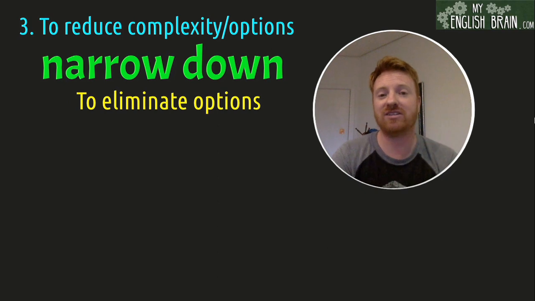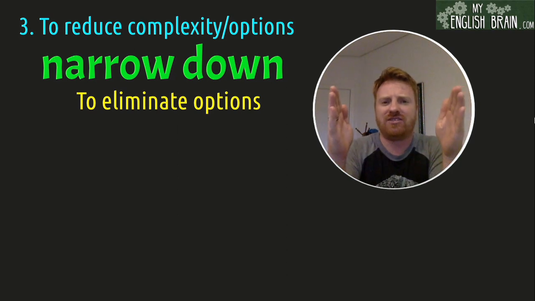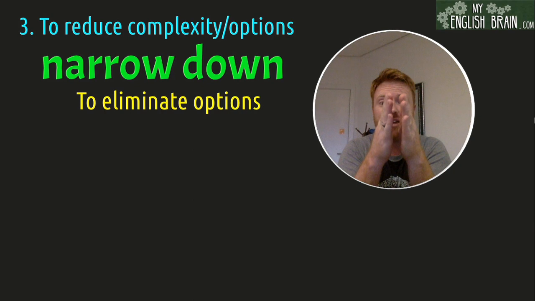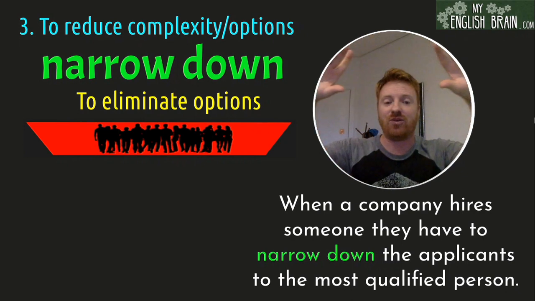We also see this with the phrasal verb "narrow down." Narrow down means to eliminate options. Now, if this is wide, then this is narrow. Wide and narrow. When a company hires someone, they have to narrow down the applicants to the most qualified person. The idea is that they start with many people.